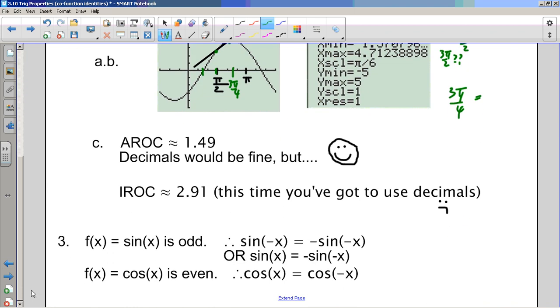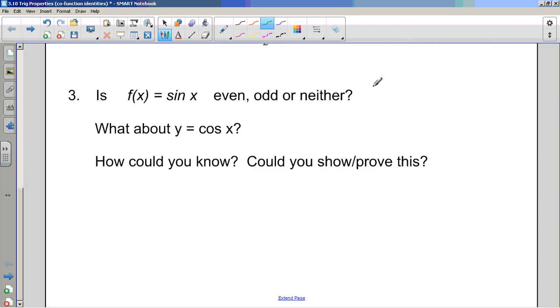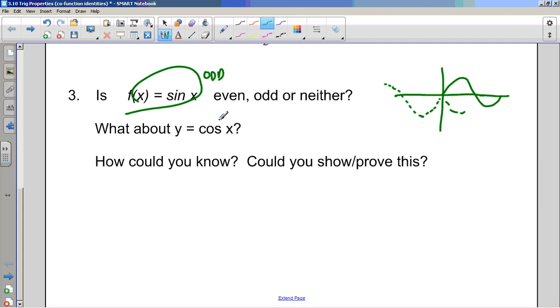All right, what's left? Oh, the discussion about even and odd. Well, back when we first talked about even and odd functions, way back in Unit 1, we said the sine function was a great example of a function that was odd, because when I flip it this way, and then flip it the other way, I end up with the same graph back, right? So this is odd. And in fact, that gives us this little rule.